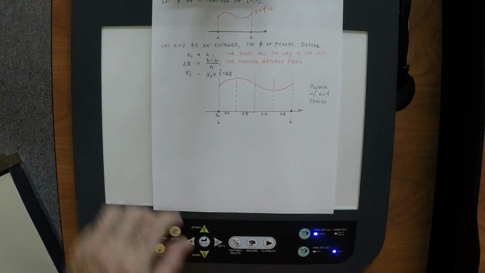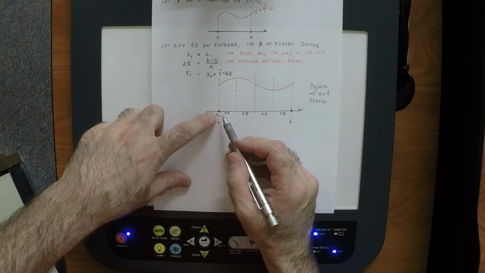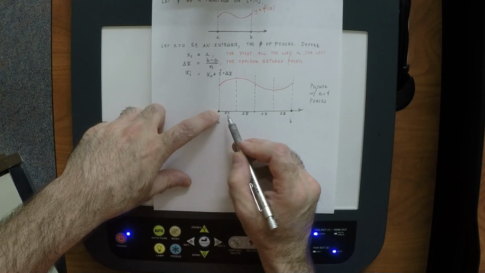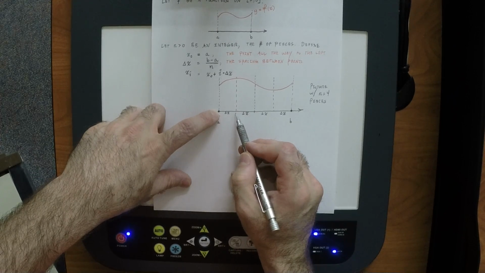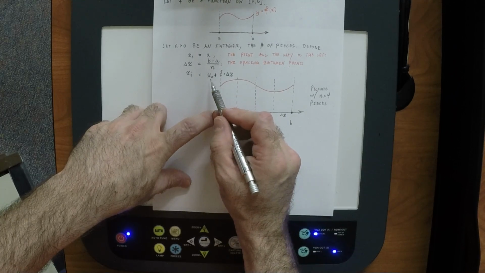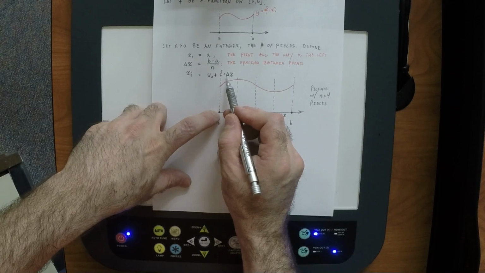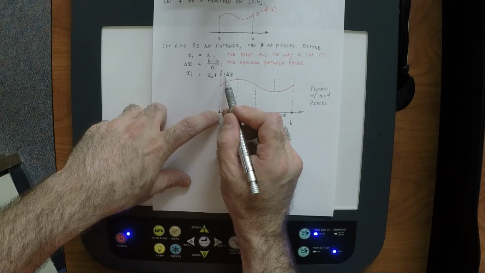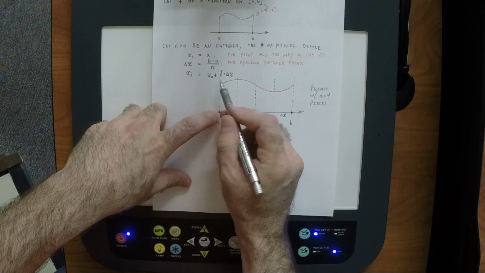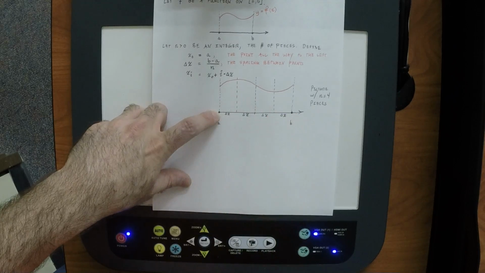All right. So now this point is called x0. Now, if we start at x0 and then move to the right by a distance delta x, well, this formula is saying that if you start at x0 and move over 1 delta x, then the name of the point that you're at is x1, right? Because that's x0 plus 1 delta x.